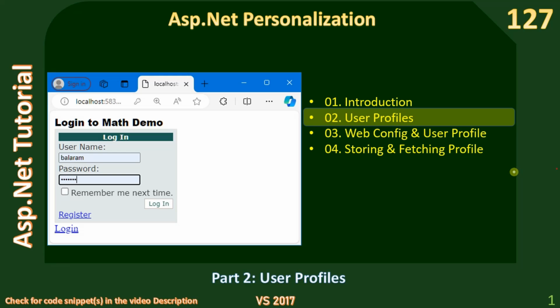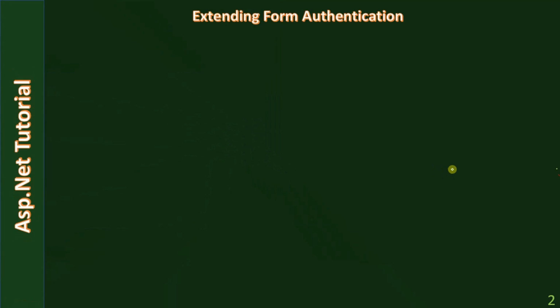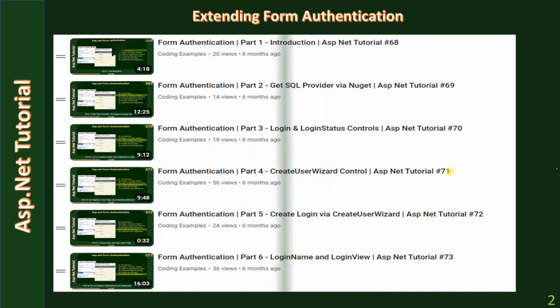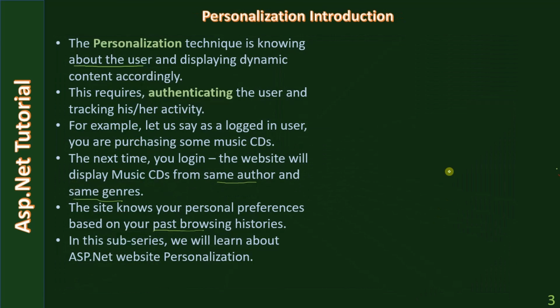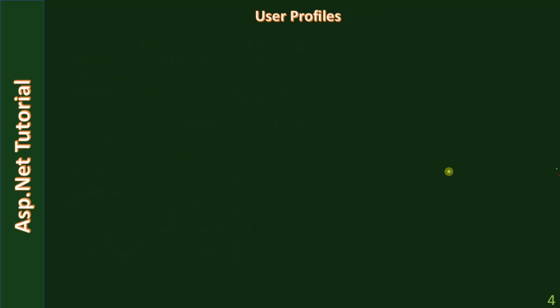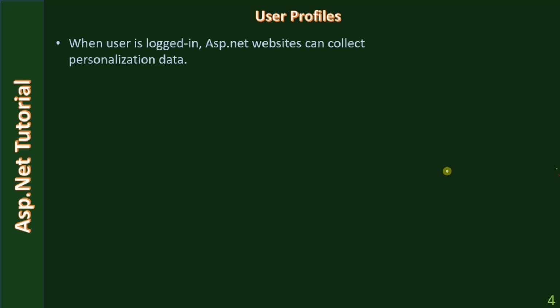Now let's learn about what user profiles are. When a user is logged in, ASP.NET websites can collect personalization data. Right? We already talked about this in the previous video.